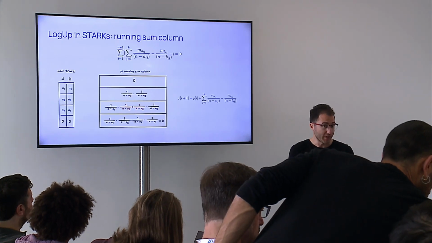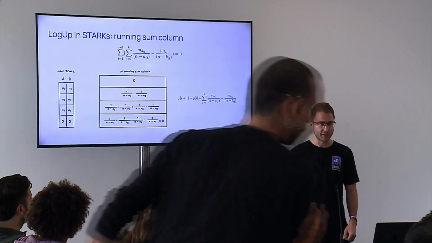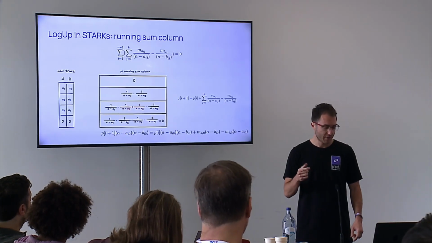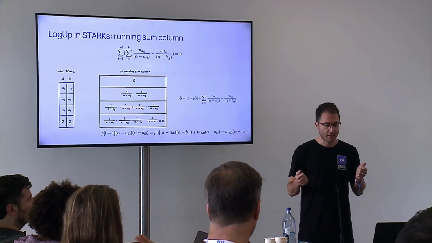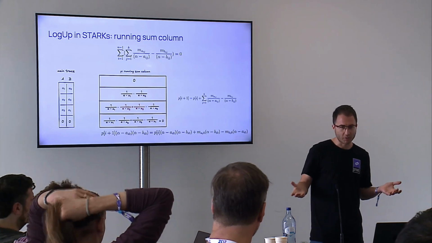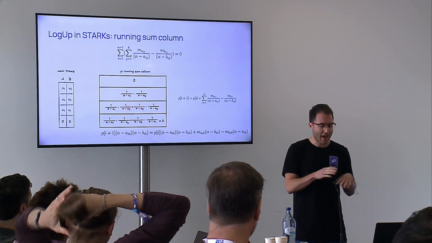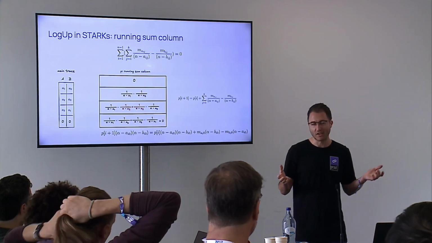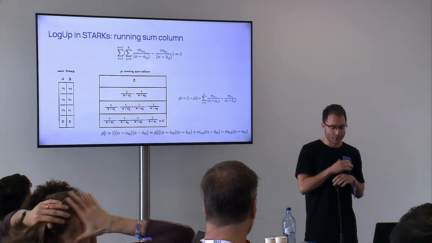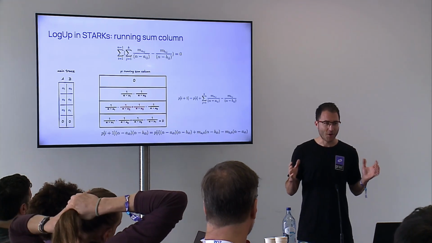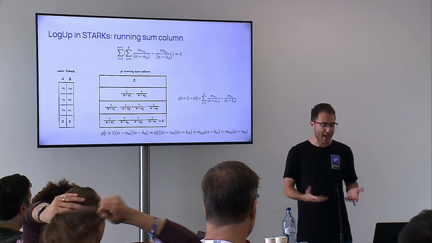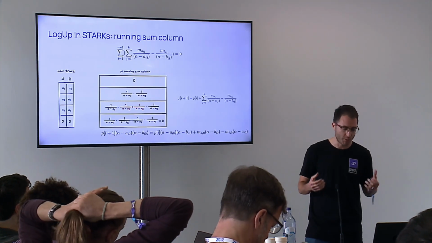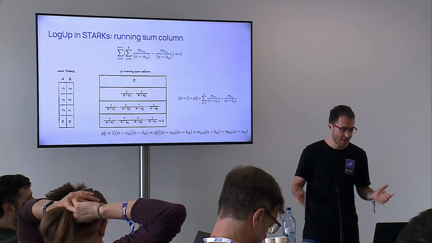This is not a polynomial yet because we have these fractions, but by multiplying out the denominators, we get a polynomial. Don't worry too much about exactly the equations here. It's a lot to take in at once. The only take-home message is we're able to make actual constraints that have a field element as a multiplicity. So we're able to use multiplicities freely using LogUp.